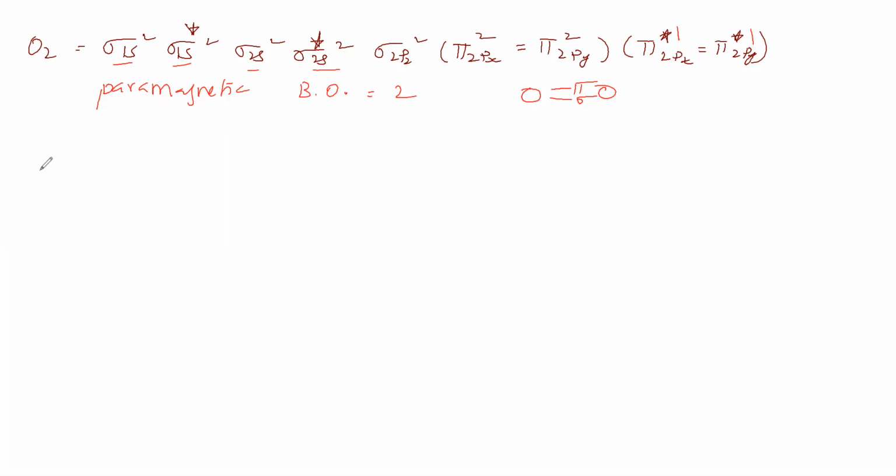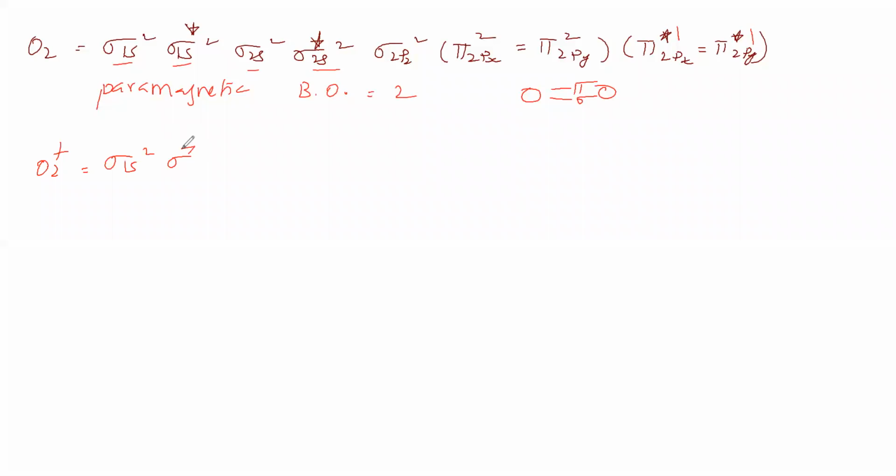Next we will take O2 plus. O2 contains 16 electrons, so O2 plus has 15 electrons. One electron we have to remove, from the pi star 2py. Therefore, what you will get?